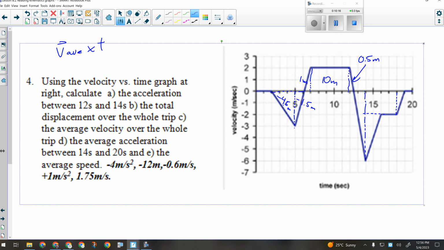Okay, divided by 2, because it's a triangle, is -4.5 meters. Okay, I've got this triangle here that goes from -2 to -6, so it's -4 high, and it is 2 on the base, so -4 times 2 is -8, divided by 2 is -4 meters.